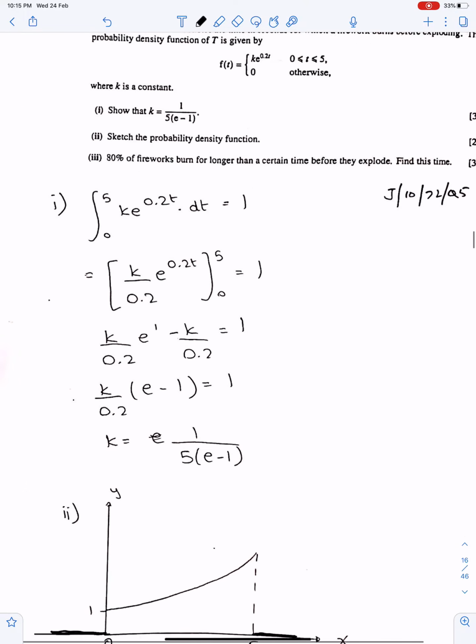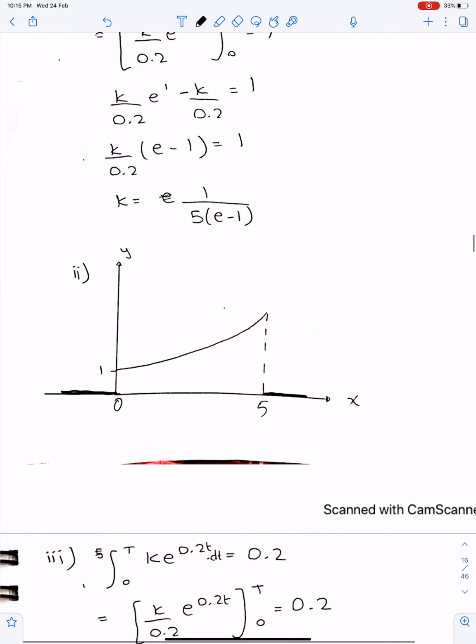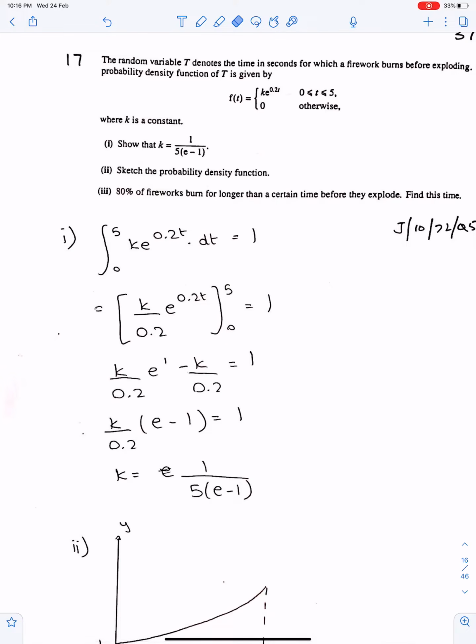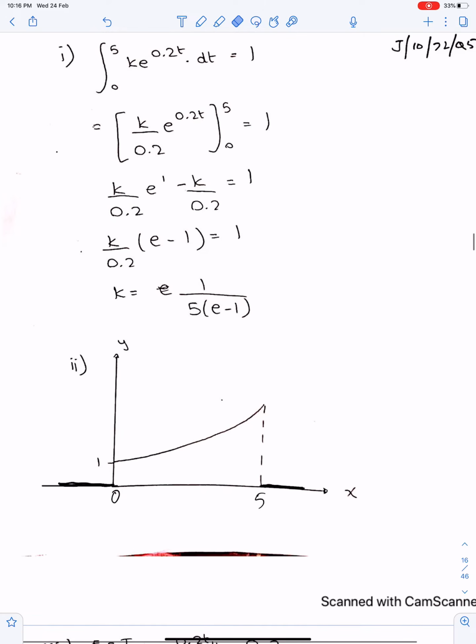So this is the exponential function with positive power and positive coefficient. Let me check the intercept of this function. This k times e power, that should be the intercept.